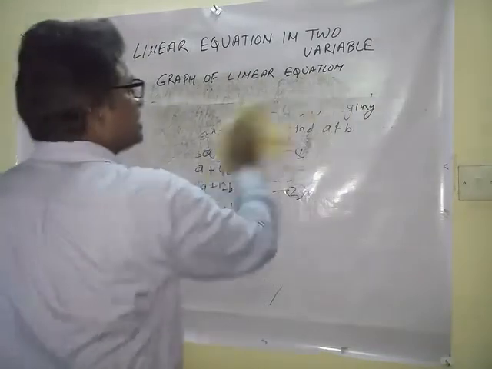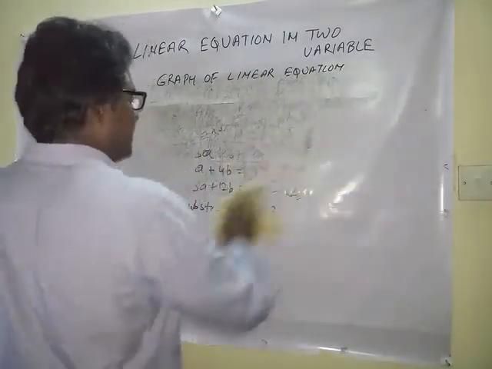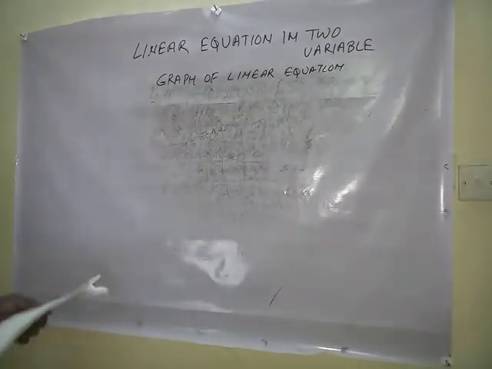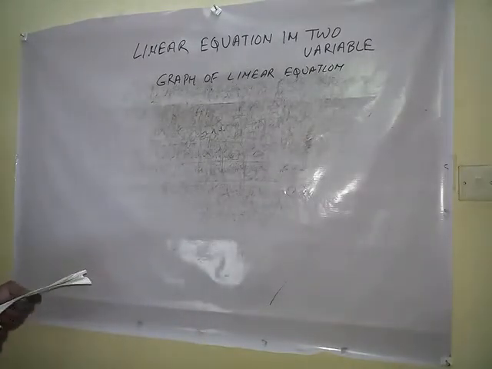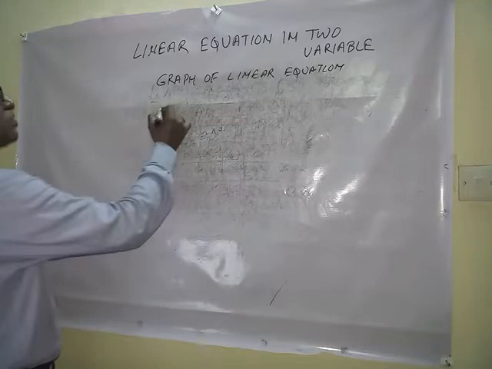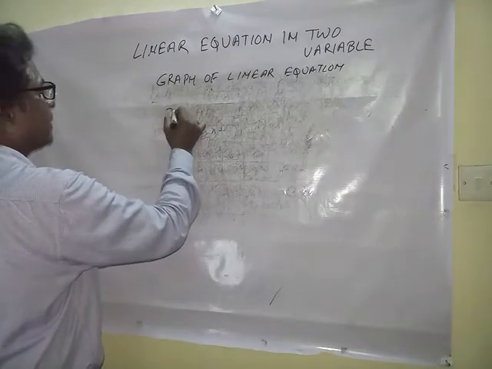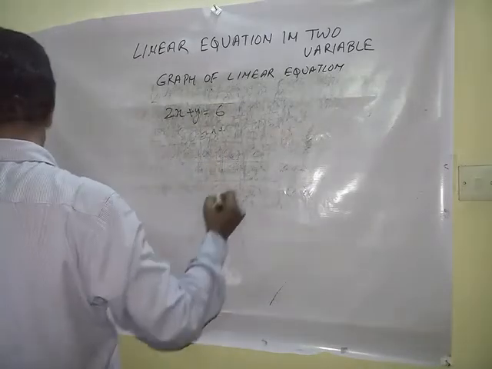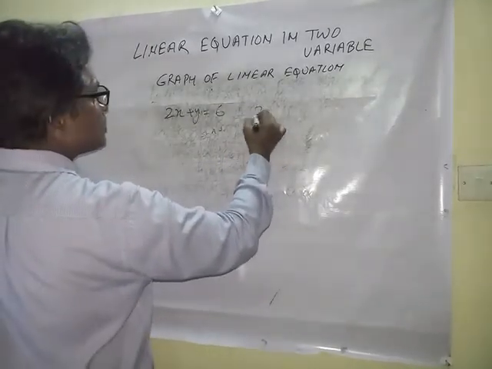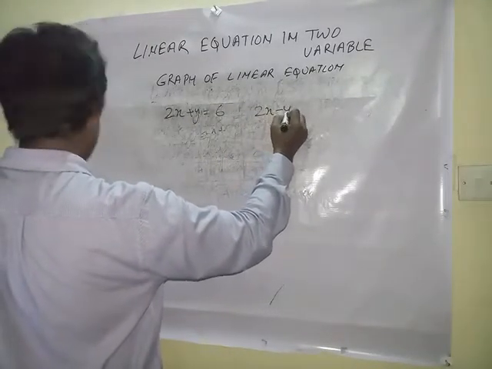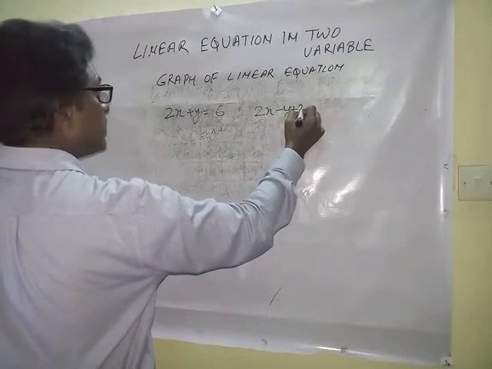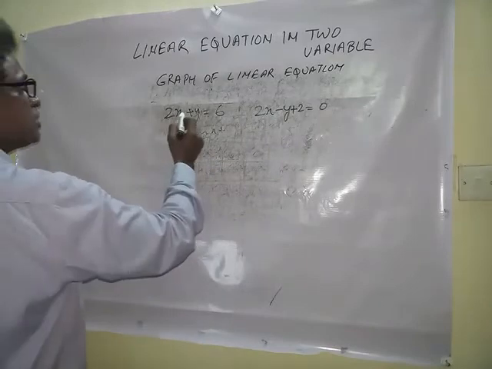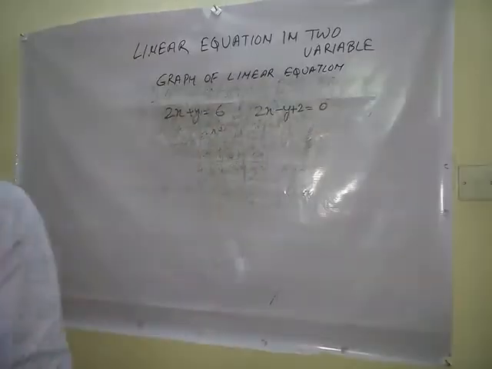Let's take another example. It is very interesting, which I saw. Suppose 2x plus y is equal to 6 and 2x minus y plus 2 is equal to 0 are the two linear equations with two variables given.